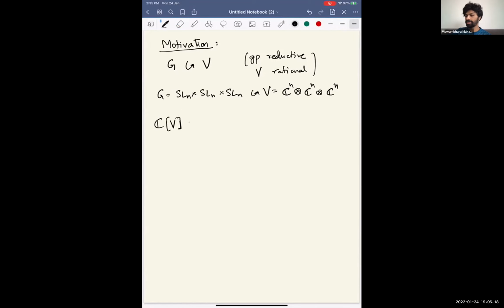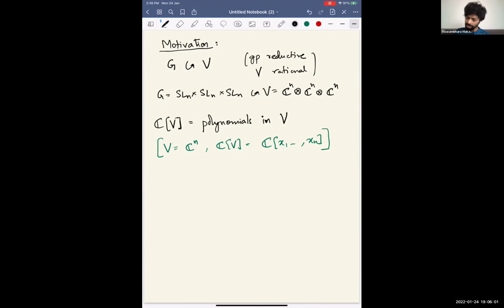This is polynomials on V. This is not a big concept, because basically what this means is your vector space is going to be C^n if you choose a basis, and then this set of polynomials is going to be polynomials in n variables, where if I have a polynomial in x_1 to x_n, I can evaluate it at a point in C^n just by plugging in the coordinates for the x_i's. That's what it is. By writing it in this way, I don't want to pick a basis. There are good reasons to not pick a basis, but it's not going to be particularly important here to pick either of these views and stick to them. So feel free to choose whatever you like.